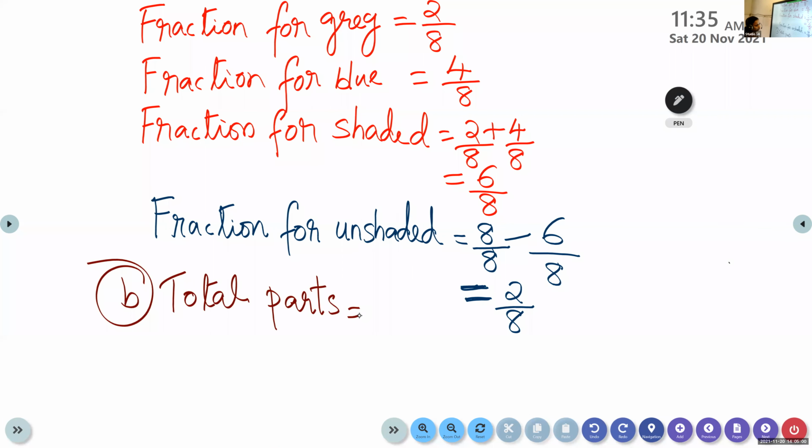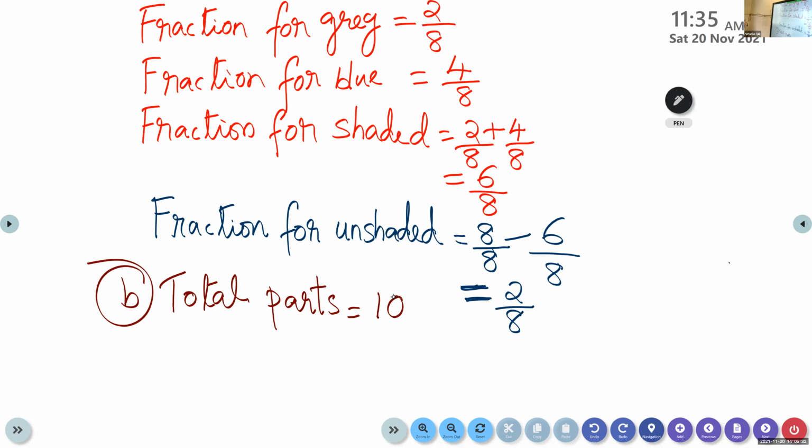Adinath, how many total parts can you see in question number B? Ma'am, can I tell the answer? Yes, tell me. 10. Okay, 10.